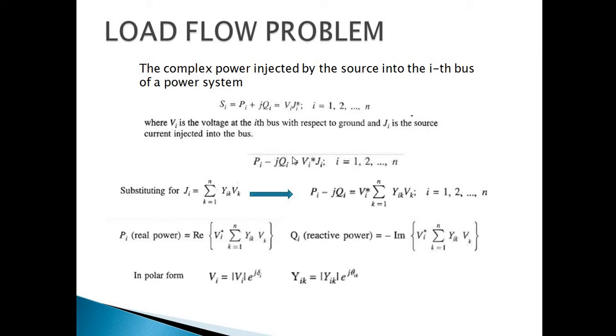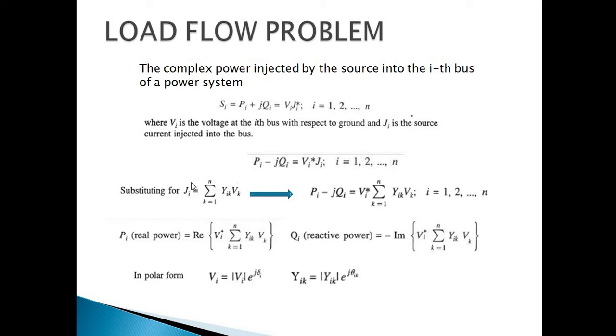Consider V to be a complex, say A plus jB, and J to be a complex, say X plus jY. You multiply these two and you will see what you are getting here. In the discussion class we'll be discussing this if you still have a problem. Okay, now we'll continue with this.